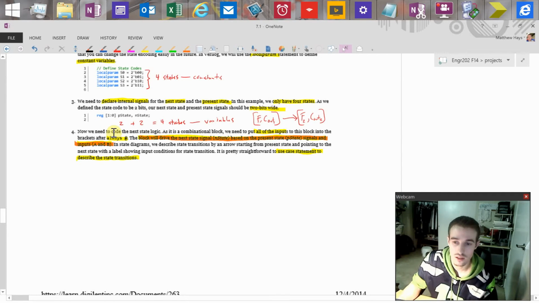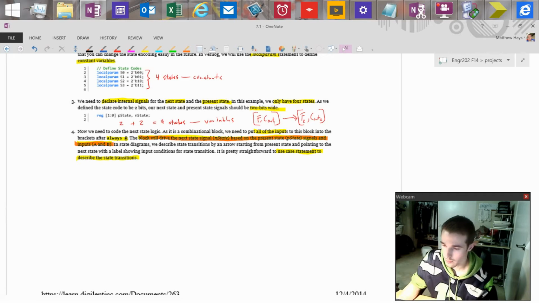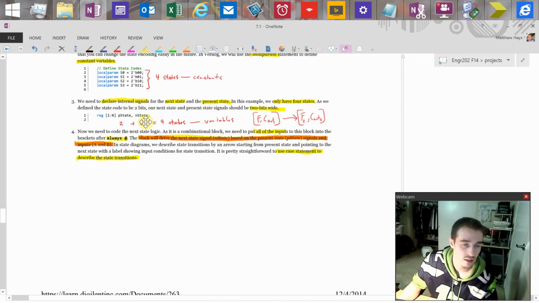One second. Okay, here are the actual variables that hold the values of our present state and next state.